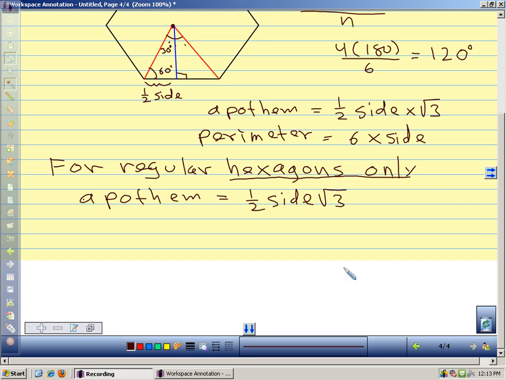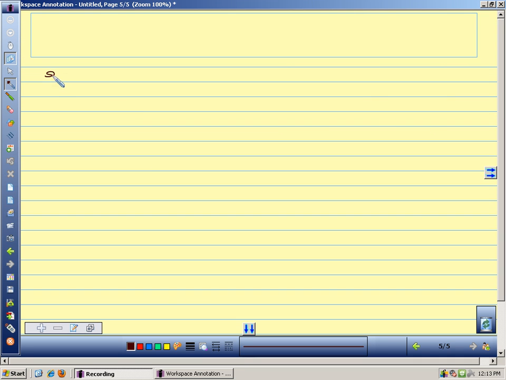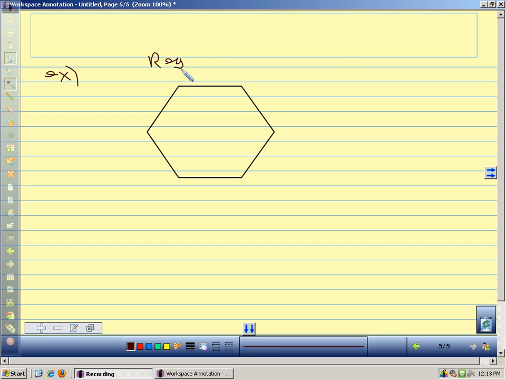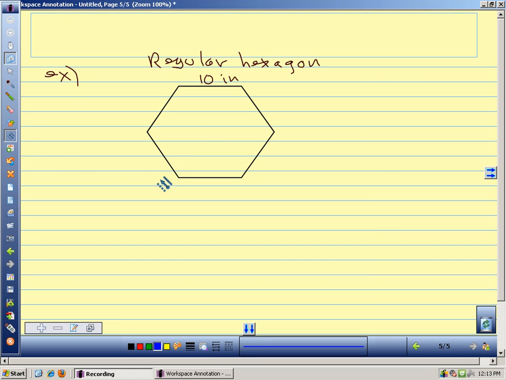All right, let's look at an example of a regular hexagon. So here's our hexagon. And we're going to say it's a regular hexagon. And we'll draw in our, we know that the side length is 10 inches. And the apothem, we'll draw in our apothem here.